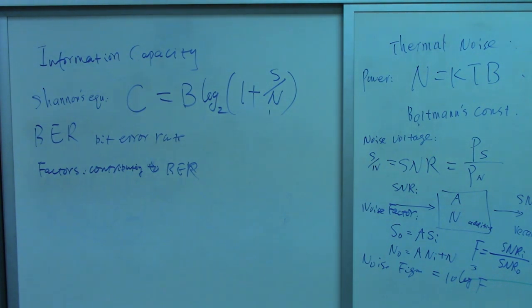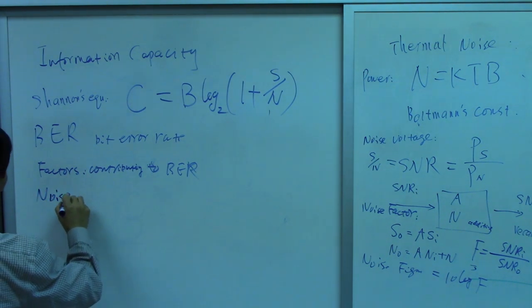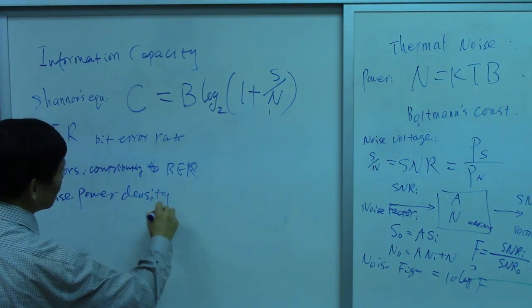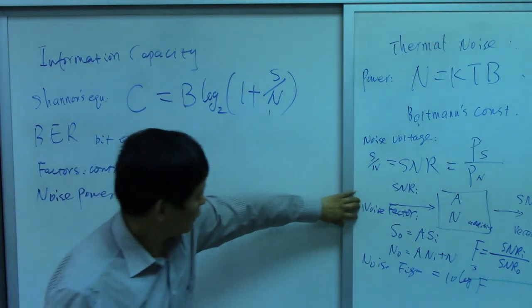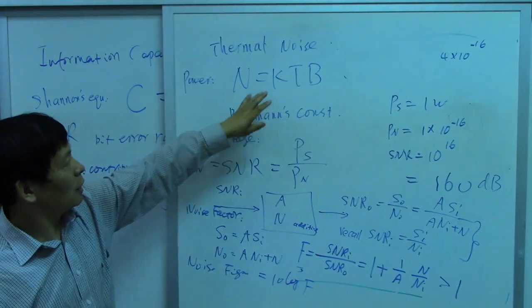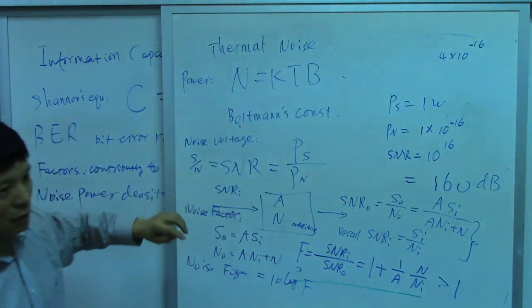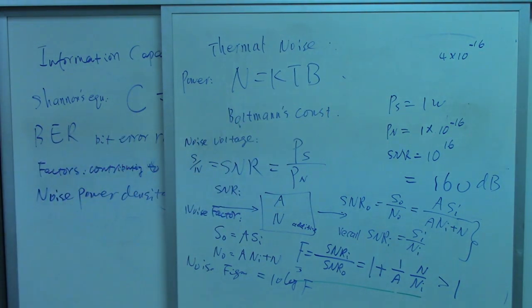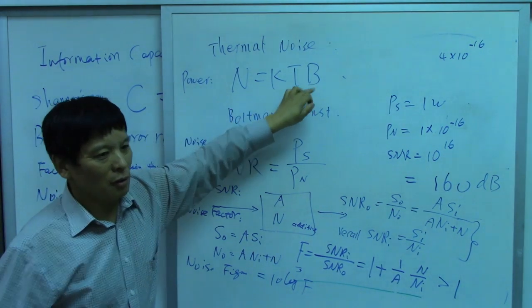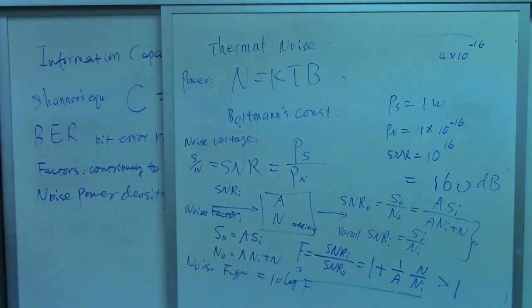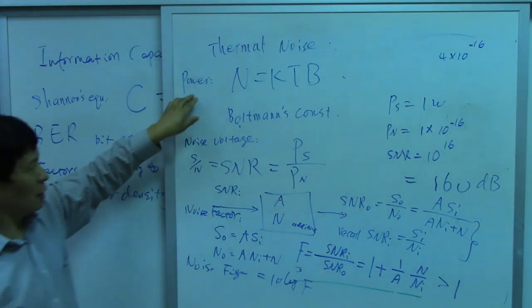Okay, the last concept is called noise power density. Look at the noise power we discussed here. Noise power equals KTB. That means the larger the bandwidth, the larger the power of the noise. We always want a wider bandwidth, but that means the power of the noise is also large. So it looks like we don't want this, but we want this.